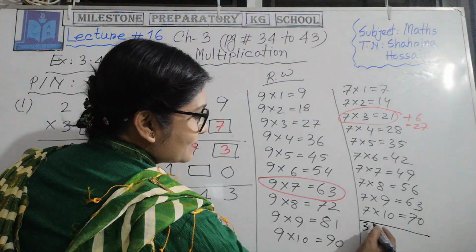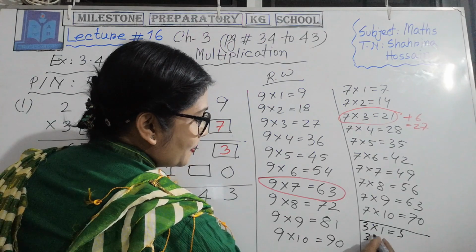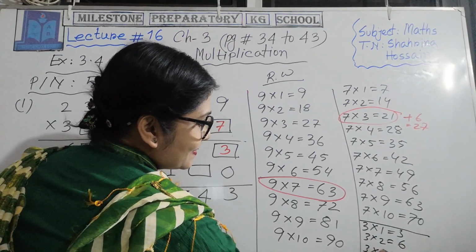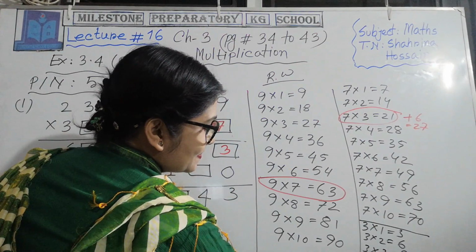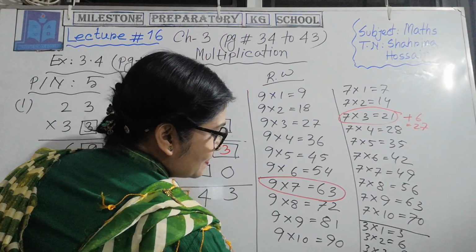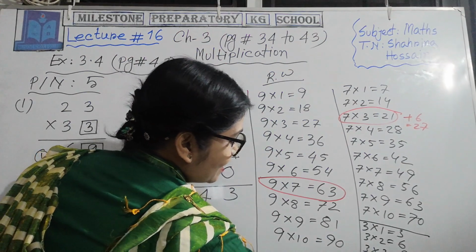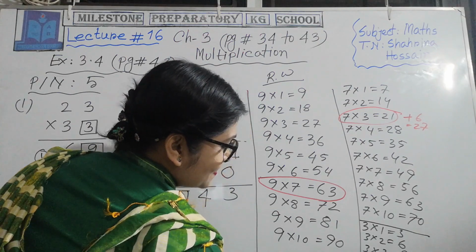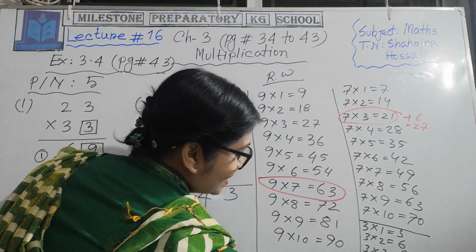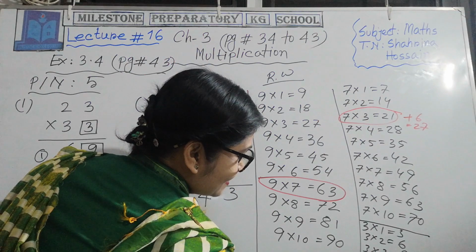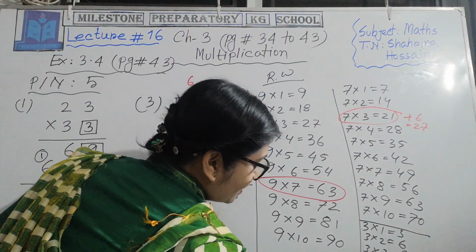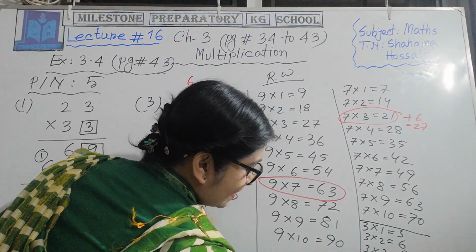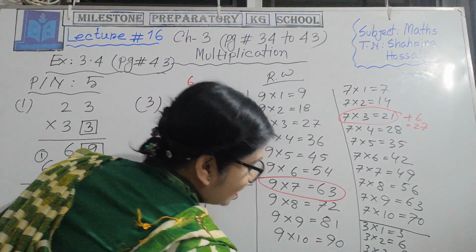Okay, 3 1s are 3, 3 2s are 6, sorry, 3 3s are 9, 3 4s are 12, 3 5s are 15, 3 6s are 18, 3 7s are 21, 3 8s are 24, 3 9s are 27, at last 3 10s are 30.